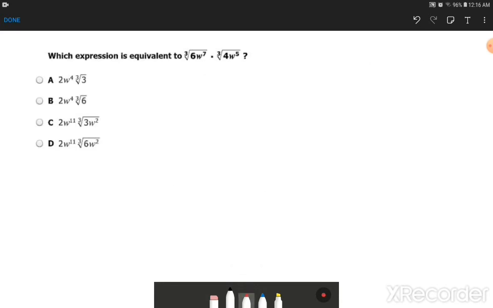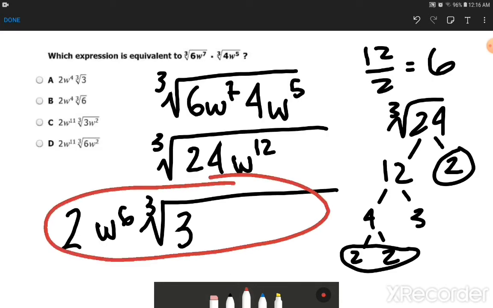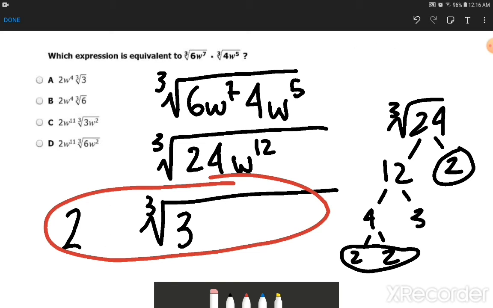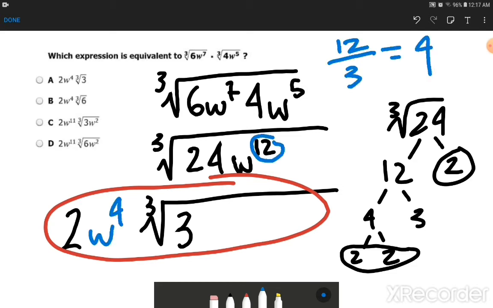So this would be our final answer. Oh, hold on. Okay, let me redo the variable one. What I did, dividing by 2, is for square root. Since we have a cube root, we have to divide by 3, which equals 4. Take the 4 out, that would be w to the 4th. So that'd be A.